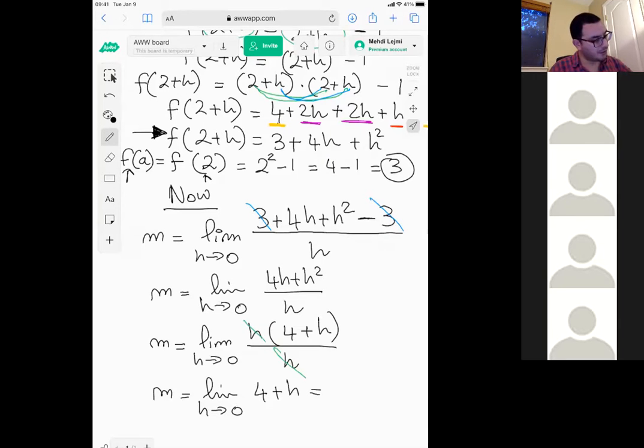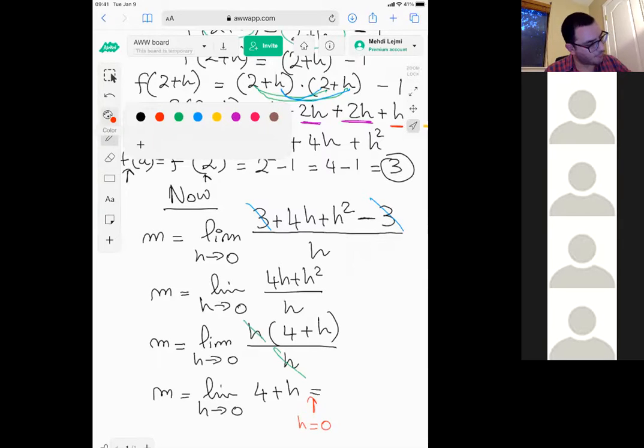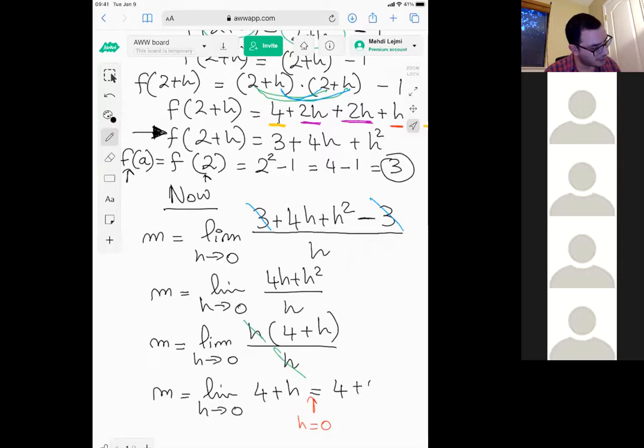I can just plug in 0, since h is supposed to be 0. So that will be 4 plus 0, which is equal to 4. So the slope of my tangent line to the function f of x at x equal to 2 is equal to 4.